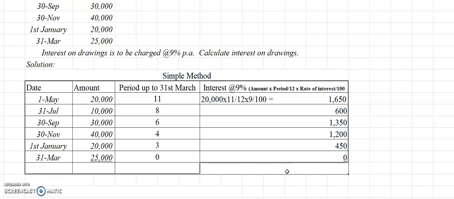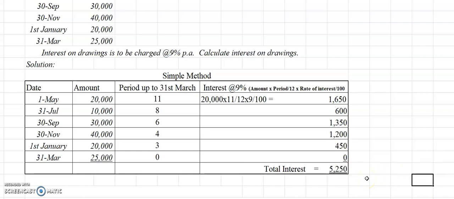So let us see what is the total of interest on drawings. Total of interest on drawings for him, Varun, it is 5,250. 5,250 is the total interest for his drawings.